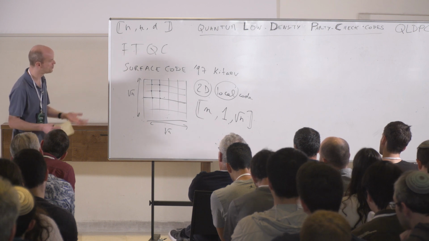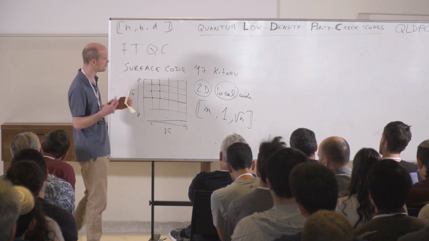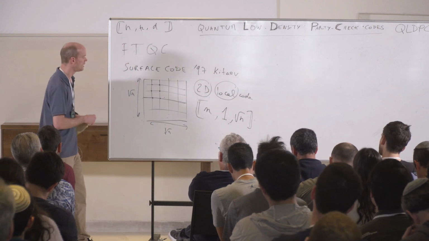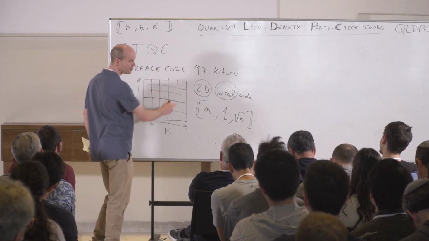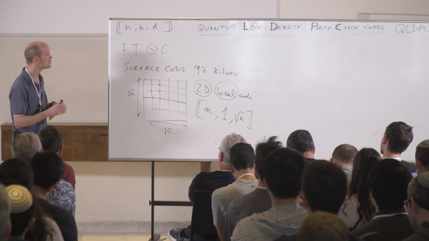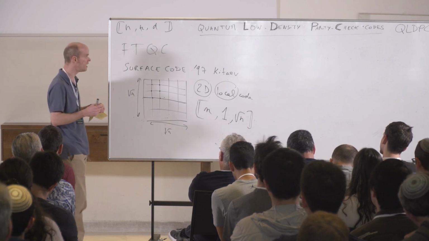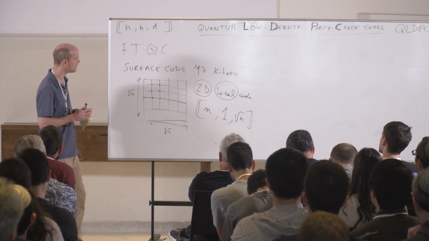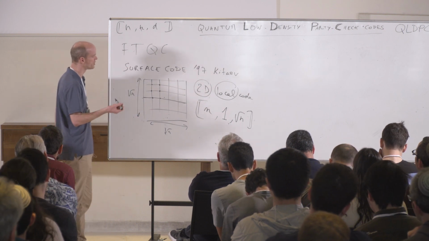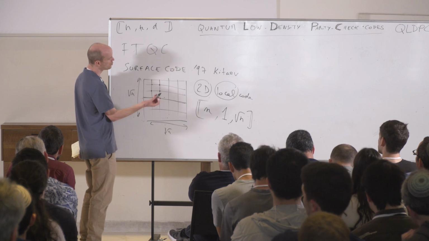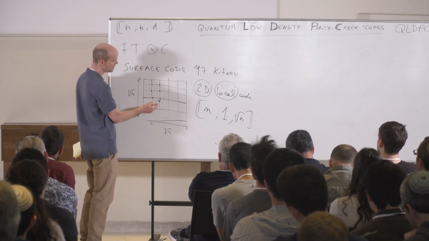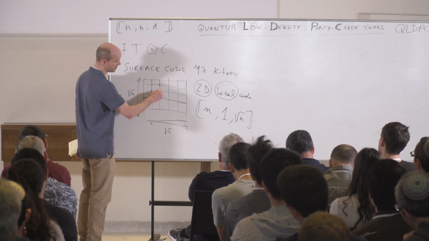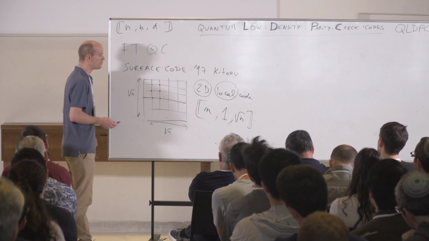So if you want to improve this, you have to drop one of these two things. And the thing we want to drop is the 2D part. We want to keep something that is local, defined by sparse parity checks. But we say we don't want to restrict ourselves to nearest neighbor interactions.